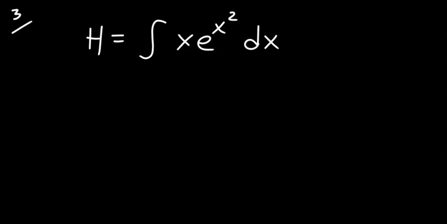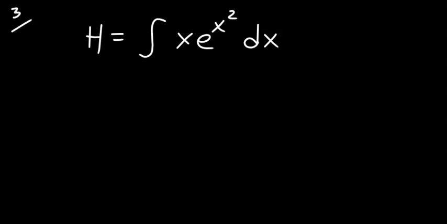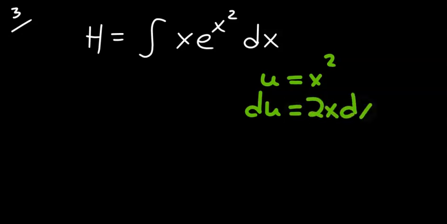What about this integral? So of course it has x and it has e to the power x squared, which is an exponential function. Upon close inspection, one can see that this is quite simply half of the derivative of x squared with respect to x. So let's use the method of substitution here. Let's equate x squared to u, like that. So that means the differential of u is just 2x dx.